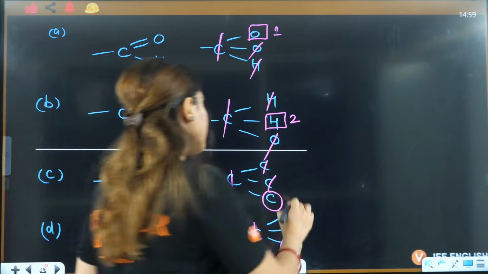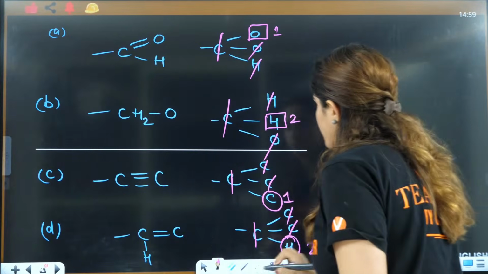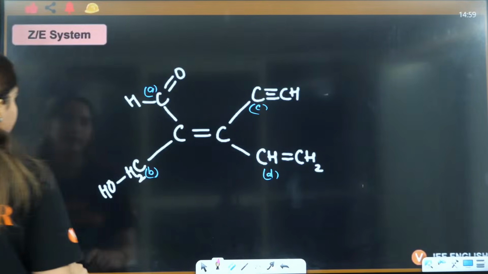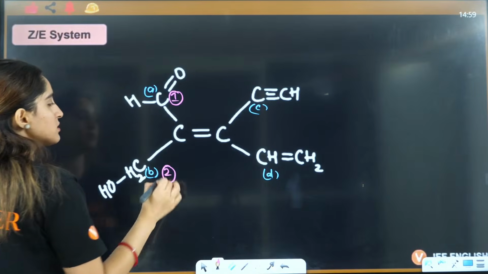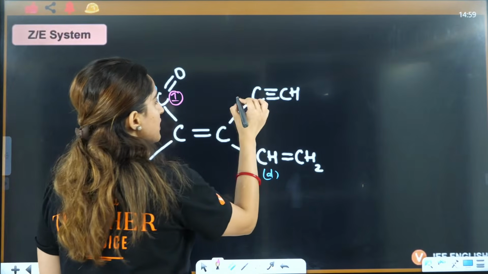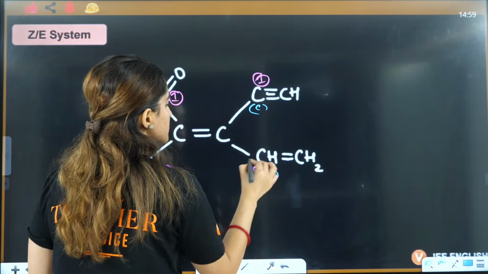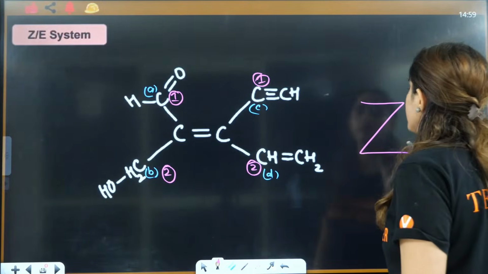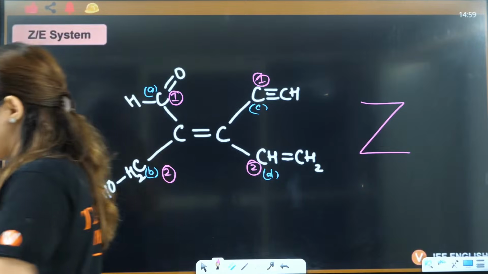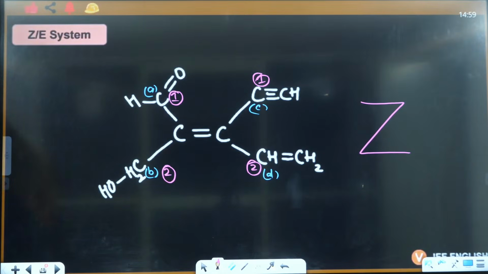So this carbon will have more priority as compared to this. This will have more priority as compared to this, and here this will have more priority as compared to this. So we can say 1, 1, 2, 2, that means it's a Z configuration, right?